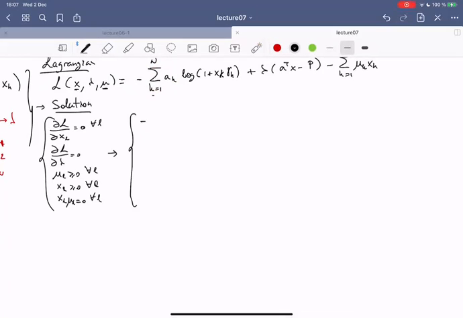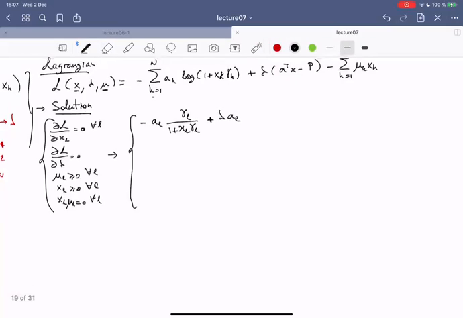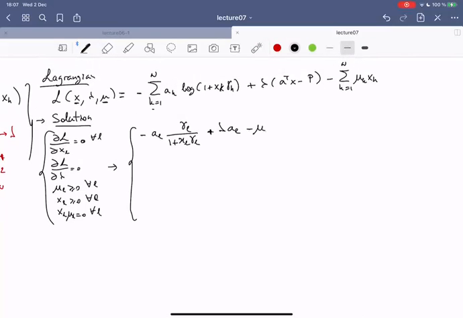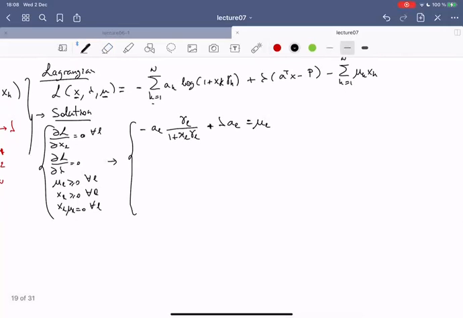So this gives me minus a_l times the derivative of a logarithm, 1 over 1 plus x_l gamma_l, times gamma_l, plus lambda, and then in this second term only a_l will remain, a_l, and then in the last term only mu_l will remain. This should be equal to 0, so then I can put mu_l to the other side and write it like this. This is true for all l.